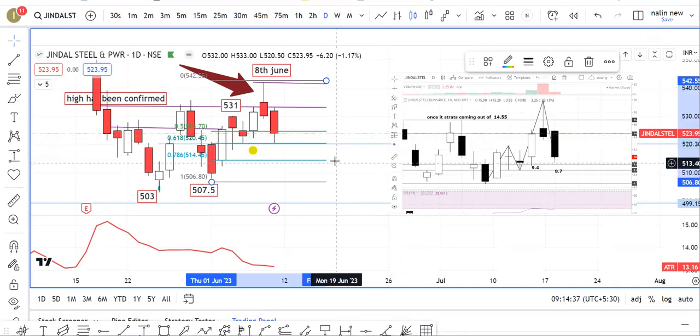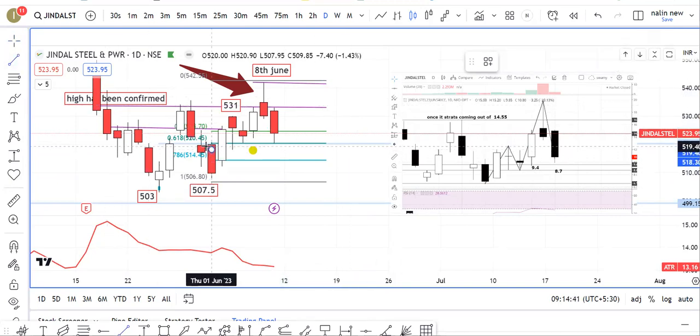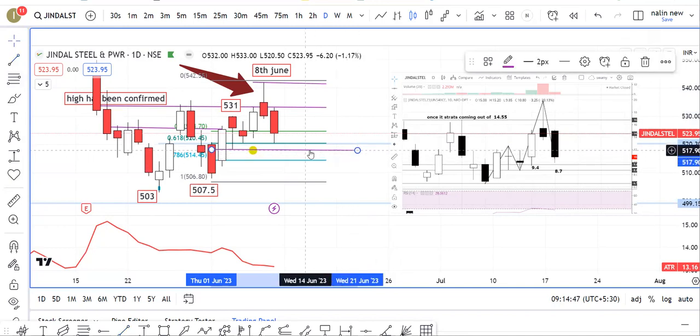So this is the support, actually strong support. This retracement will not go up to the deep retracement of 0.7 fib retracement. That is around 540.